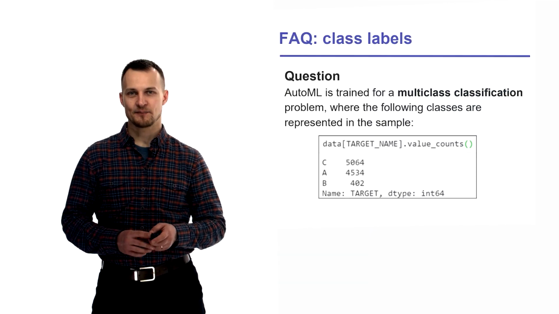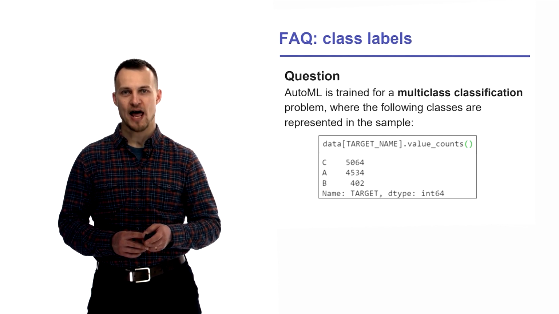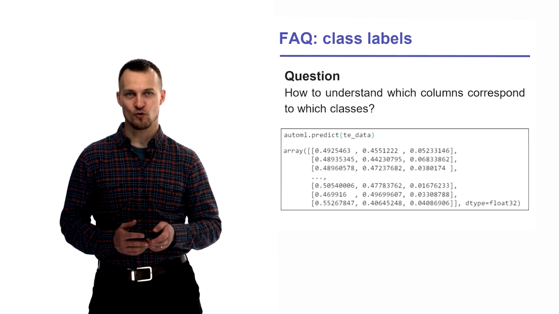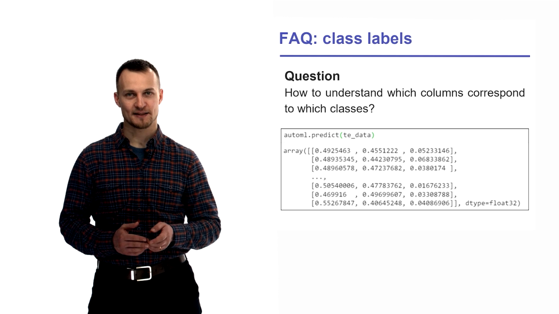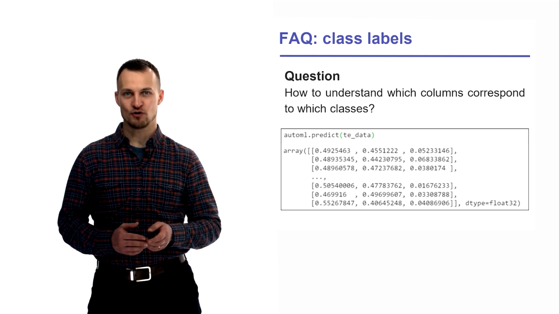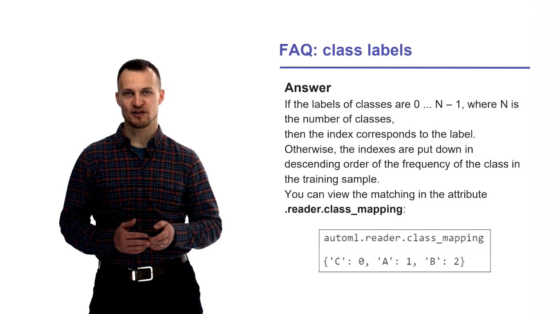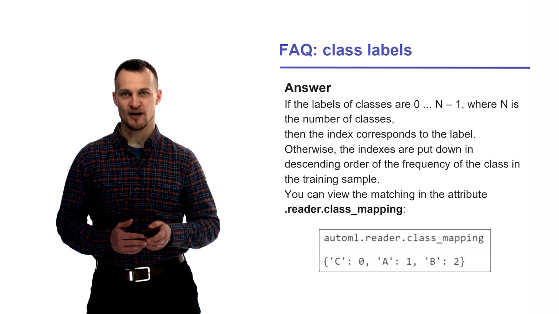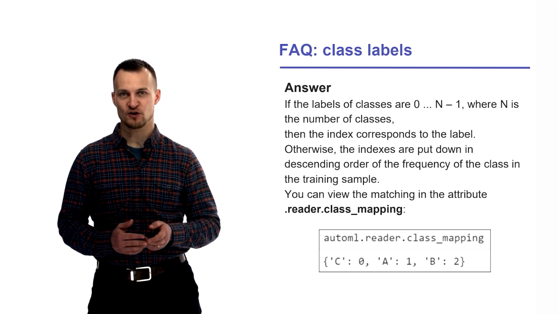To the next case. If you have already tried multi-class classification problems in AutoML, you could notice that the output of the model is a table with a distribution of classes. And it is not always clear which column belongs to which class. In a given example, you might expect the order of A, B, and C. In fact, the correspondence is arranged as follows. If the class labels are values from 0 to n-1, the index will remain the same.